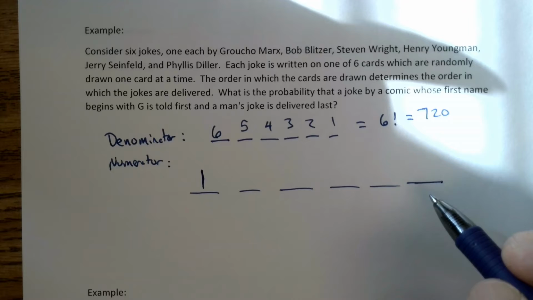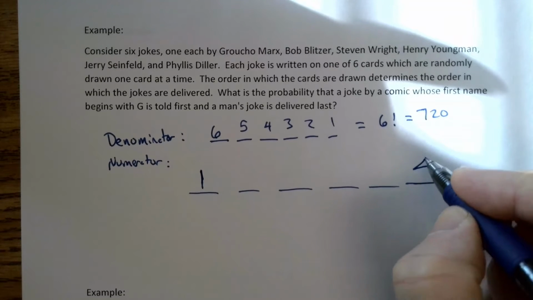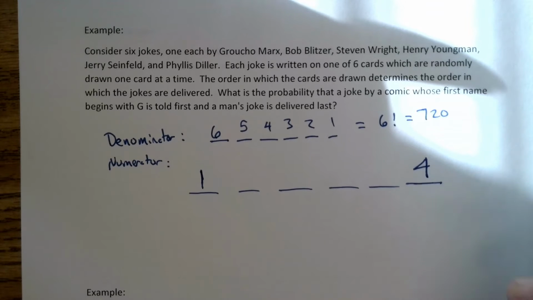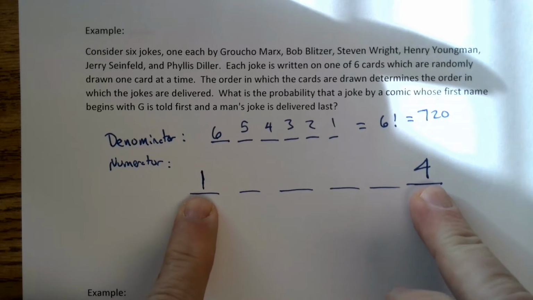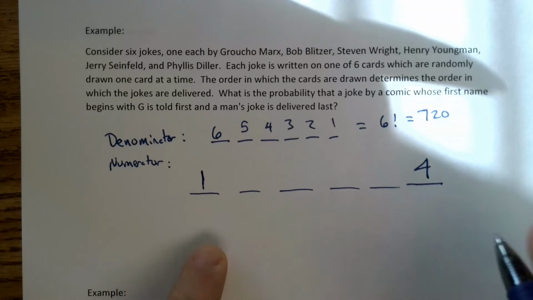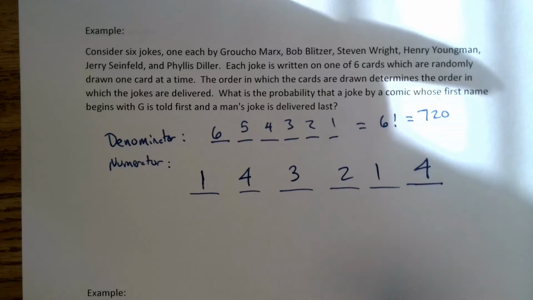Five, but we've already used Groucho, so only 4 men left. Of the 6 people, we've already used 2 of them, Groucho and 1 of the other men. So there's only 4 people left. So 4, 3, 2, 1, and we multiply those together.